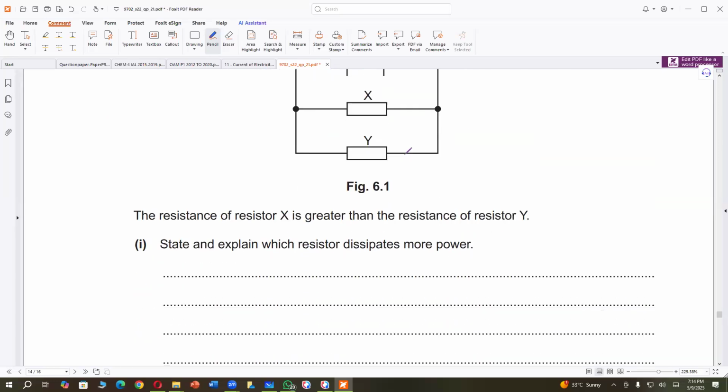The resistance of resistor X is greater than the resistance of resistor Y. State and explain which resistor dissipates more power.